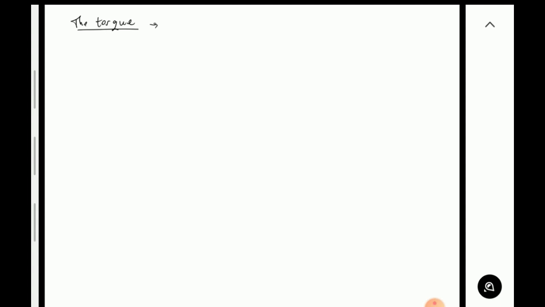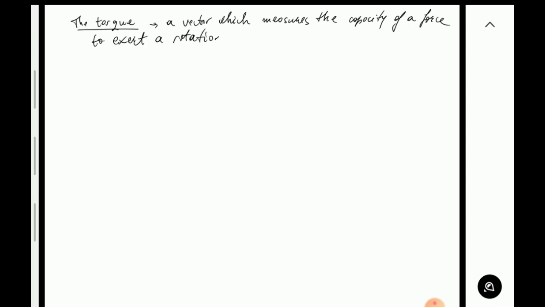This is essentially a vector which measures the capacity of a force to exert a rotational force on an object.